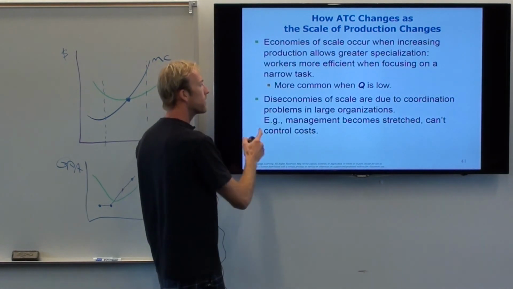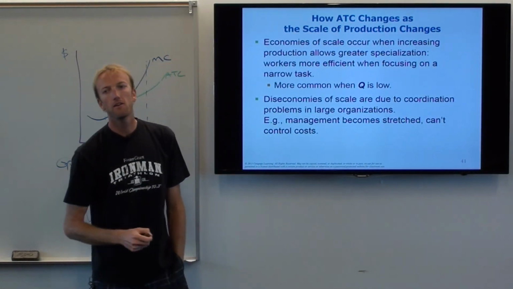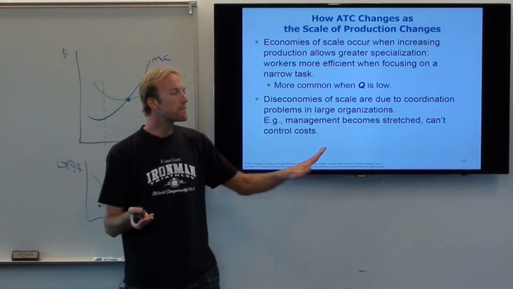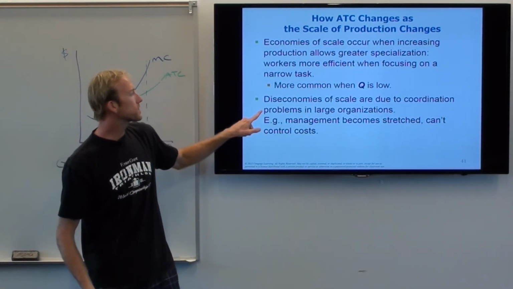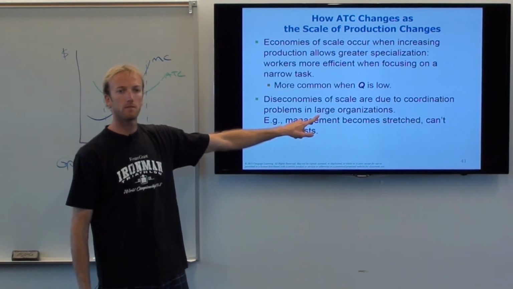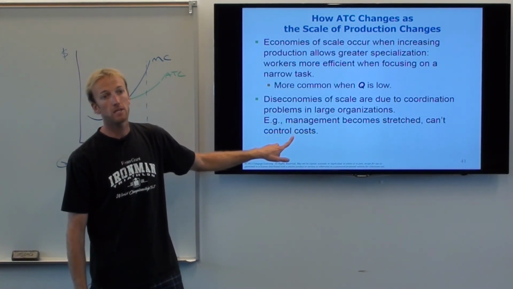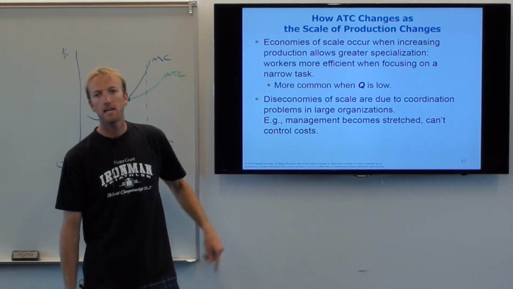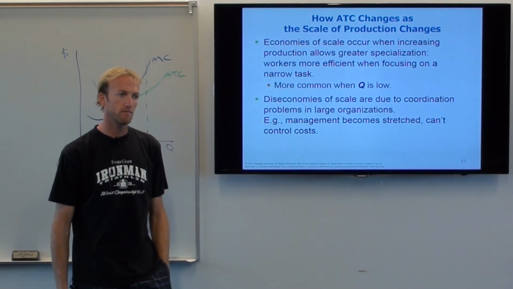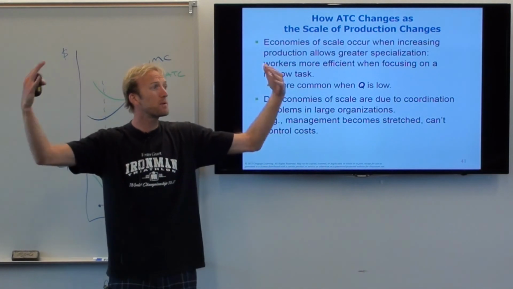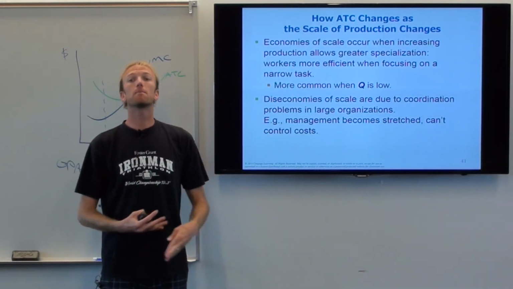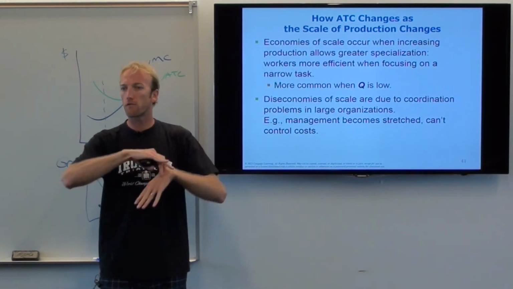So when you have low quantity and you hire a couple more guys, they can all specialize and your costs fall. Now, the diseconomies of scale, this is what I was telling you. Why does it end up going up? Well, because there's only one manager or one owner. We're going to call this coordination problems, right? Your management becomes stretched or stressed out, and they can't manage as effectively. So it can get too big. Even if you can still keep building factories that are bigger and bigger, at some point it gets too big for the manager to oversee all of it.